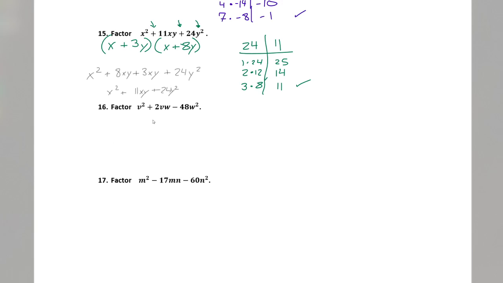Let's try the next one. So we have a negative third term, positive middle term, so we're going to be dealing with a v positive, w, so a positive and a negative factor.